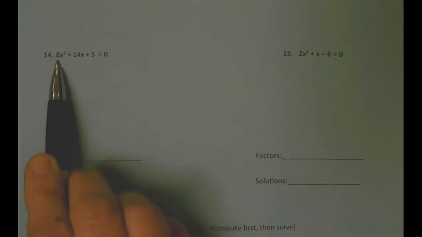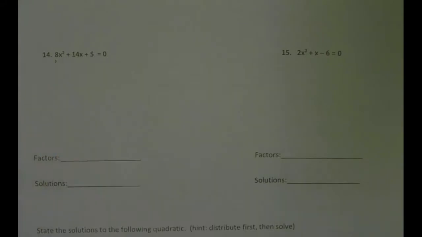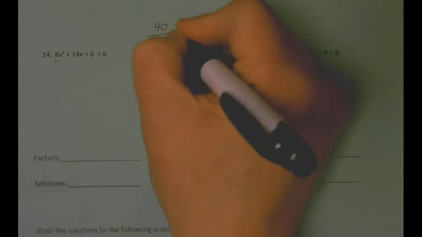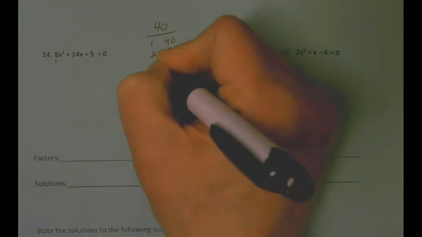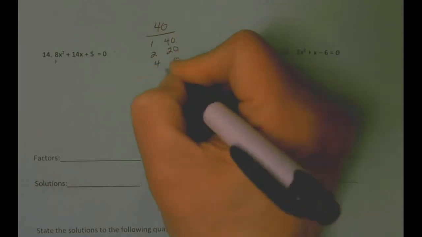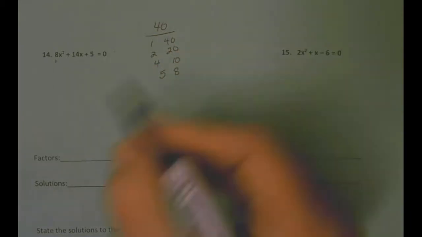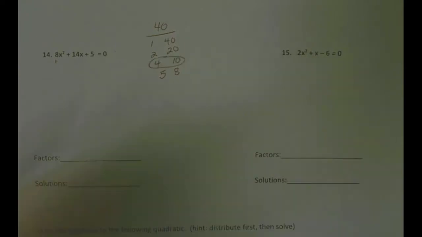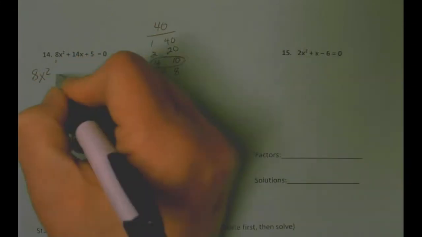Since this is not 1, I'm going to have to use my long factoring, multiply the first number times the last number, and write down the factors of 40, 2 and 20, 4 and 10, 5 and 8, and so this pair will add up to get 14, and so I need to do the long factoring.